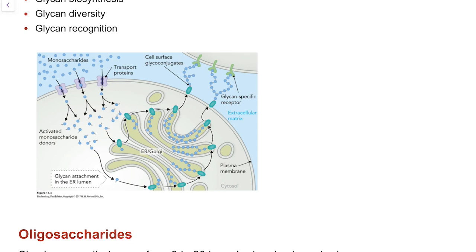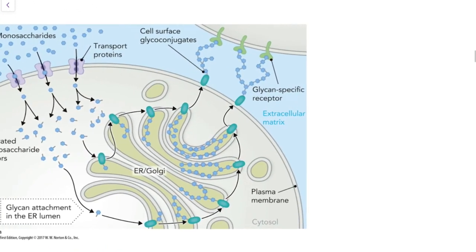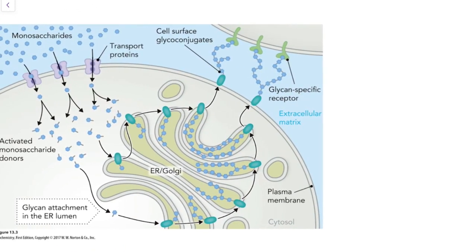For the glycoconjugates that are made, some examples are shown here. I'm going to zoom in for a moment. We have this cell surface glycoconjugate, in which we have a membrane-bound protein with a carbohydrate chain that hangs off into the extracellular matrix. On the other side of that is a receptor.